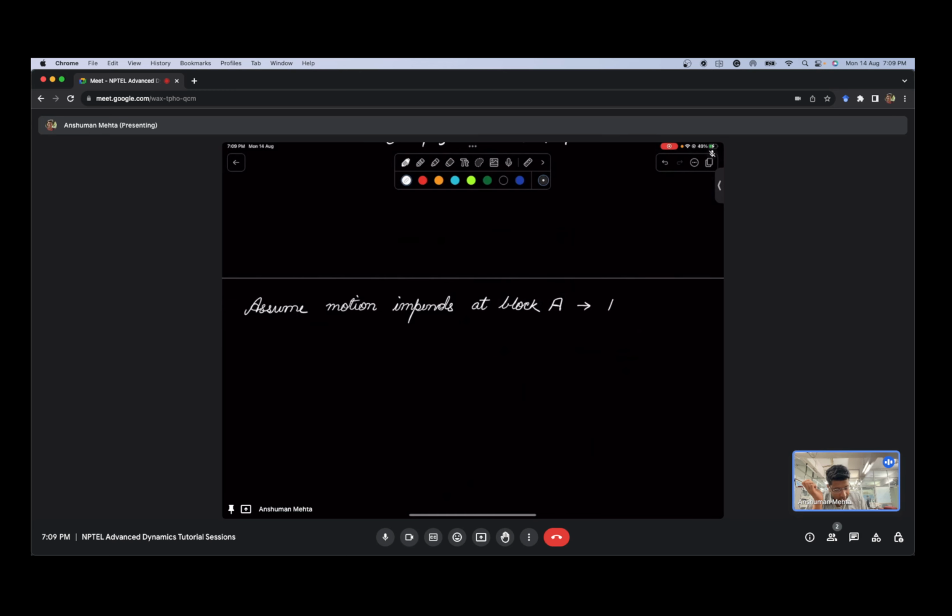So this gives us F is equal to F max. And equilibrium will be 60 g sin 30 degrees minus F max minus T is equal to 0.